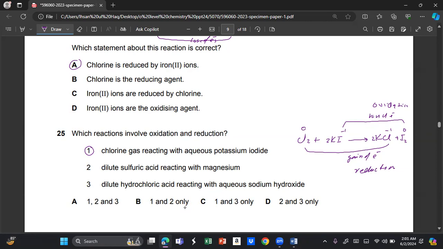Why? Because a metal displaces hydrogen, being more reactive. This is also a redox reaction. Option C, dilute hydrochloric acid reacting with aqueous sodium hydroxide. This is neutralization. Neutralization reaction is never a redox reaction. So options 1 and 2 are correct. We will go for option B. You understand?